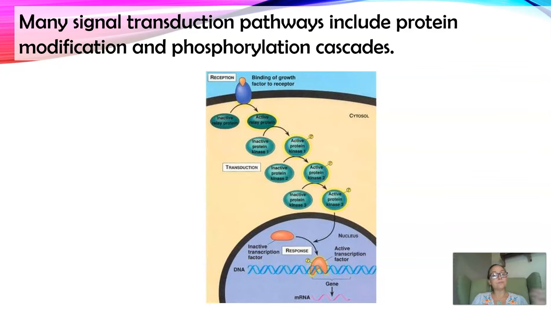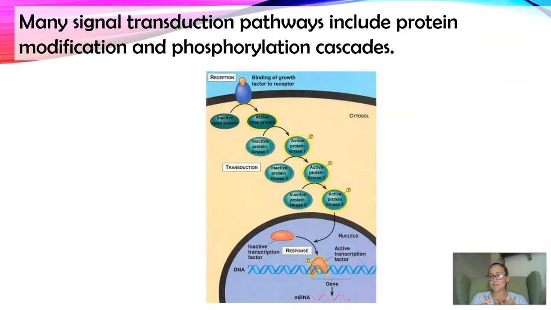A phosphate group was added, and then that protein will go through a conformational change, which means a change in shape, and become active. So if you look at this diagram, inactive protein kinase 1, when it's phosphorylated, you can see a slight change in shape, and now it's an active kinase and can phosphorylate the next protein kinase in the cascade.